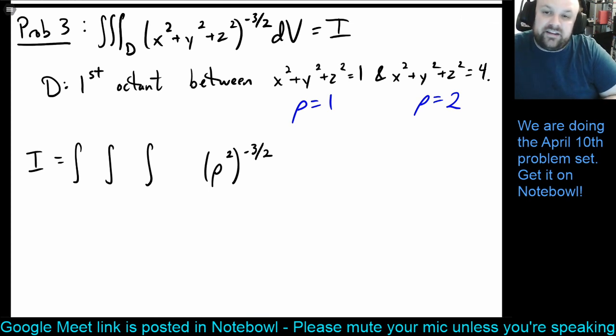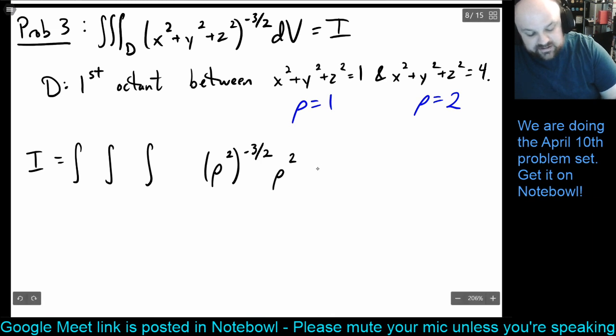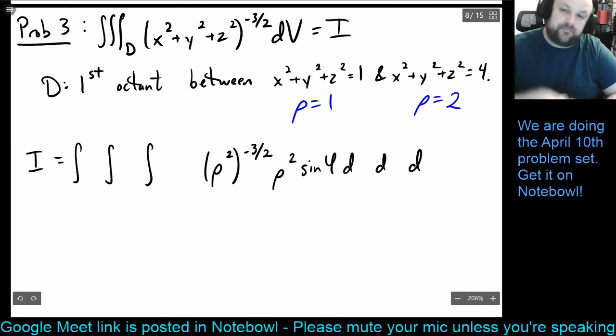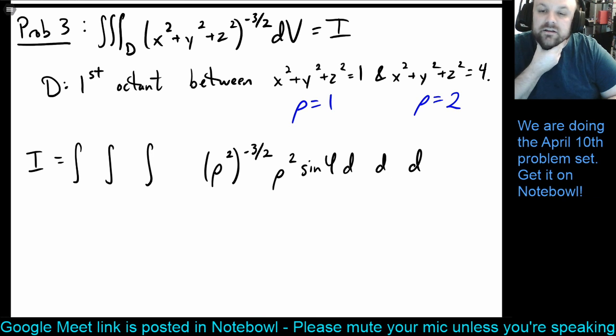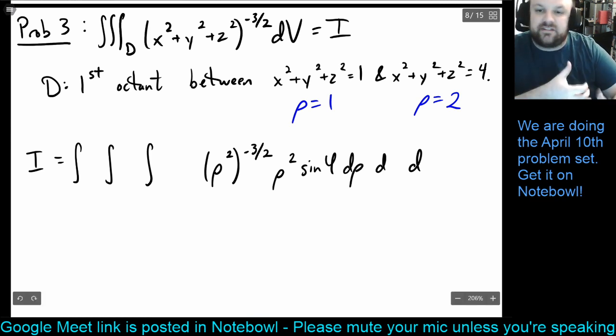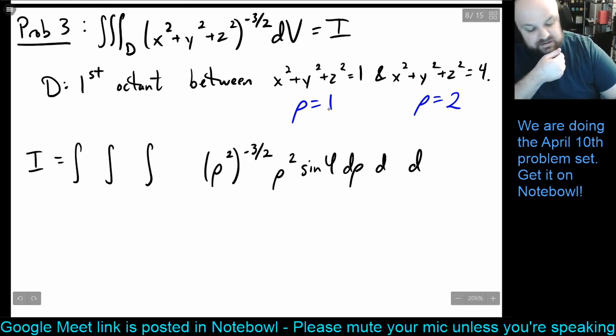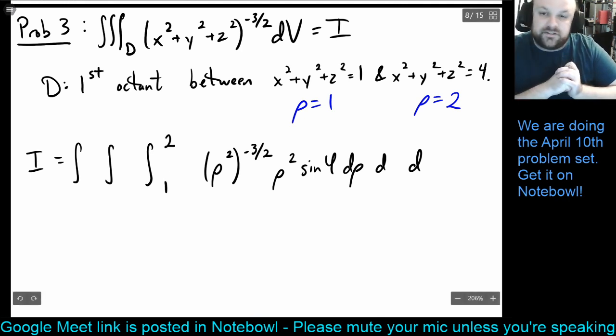And then dV is rho squared sine phi. Then we need to decide on an order of integration. It's going to turn out not to matter for this problem. Let's do rho first, so we stick ourselves between the two spheres. The inside one is 1, the outside one is 2. So the bounds on rho go from 1 to 2.